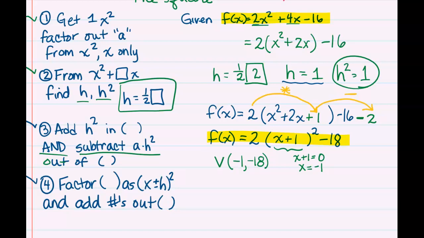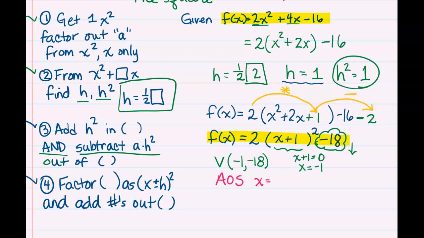The y value is going to be whether we moved it up or down. In this case, we moved it down 18 units, so our vertex will be located at -1, -18.